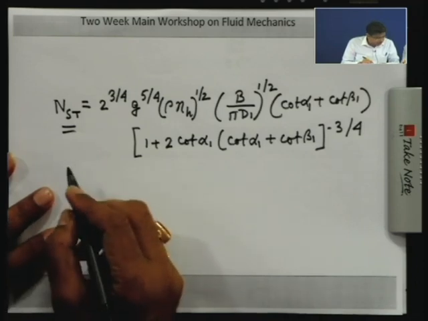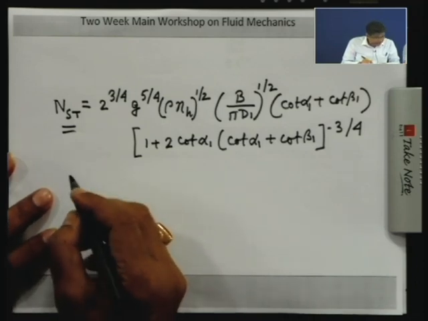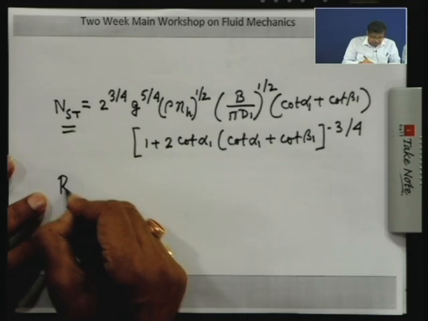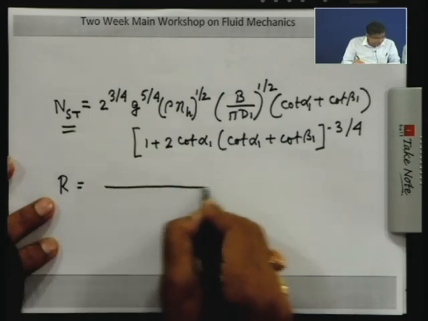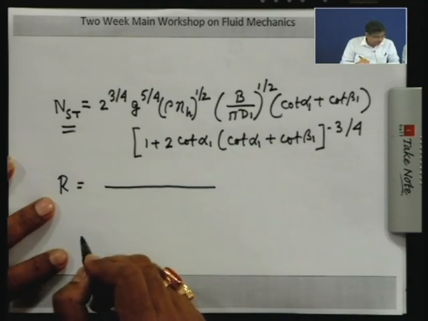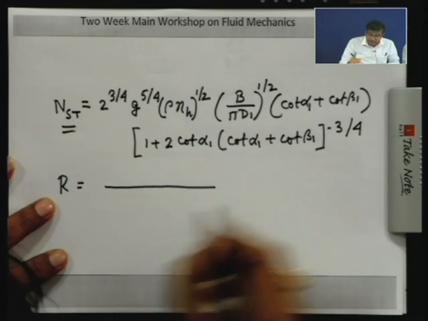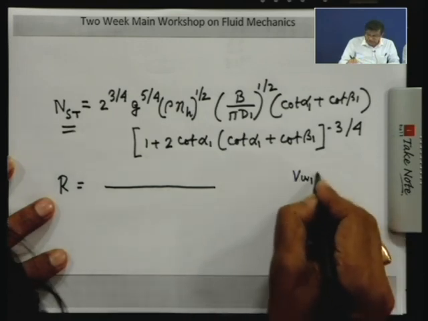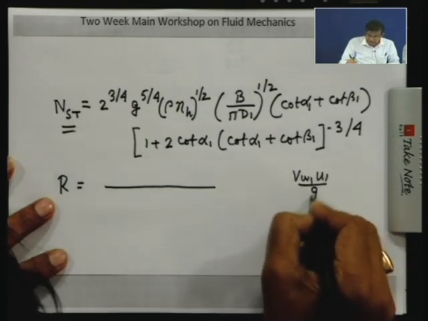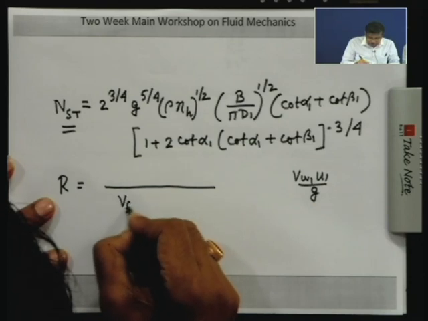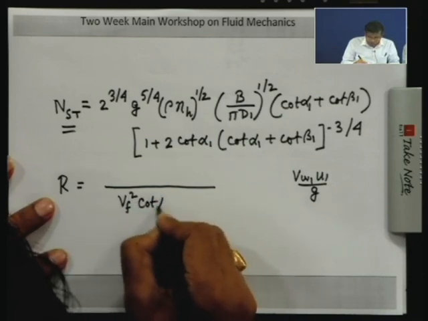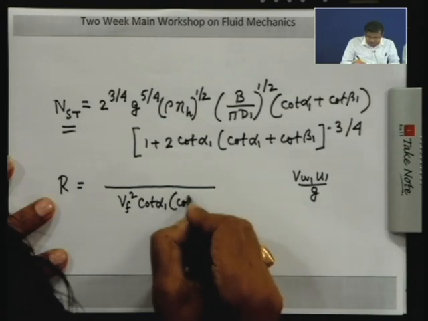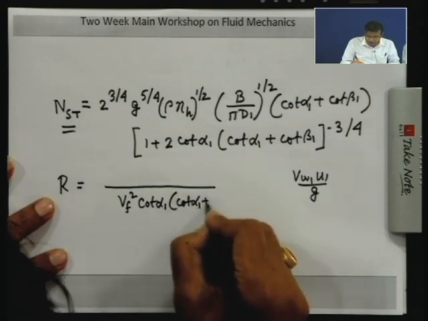Now I will do the expression for the degree of reaction, R. Now degree of reaction is again the static head developed divided by the total head developed. Total head developed is Vw1 U1 by G, already I know, that is, as many times we have done, Vf1 square cot alpha 1 into cot alpha 1 plus cot beta 1.